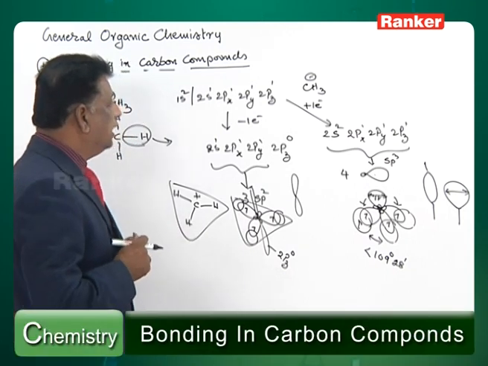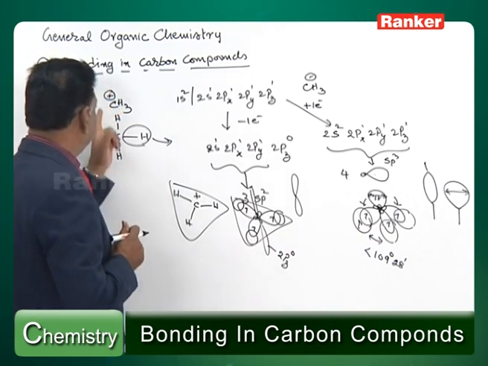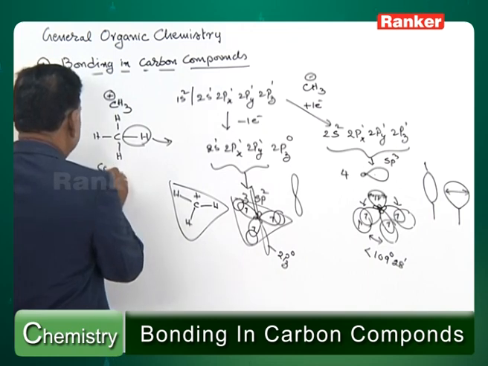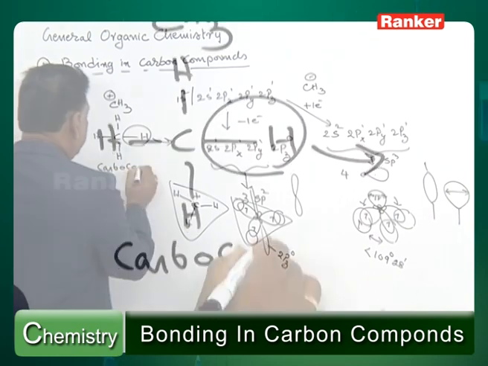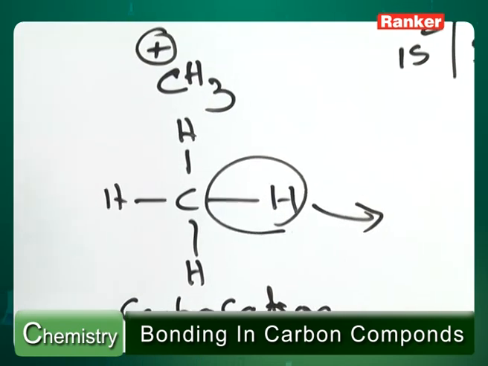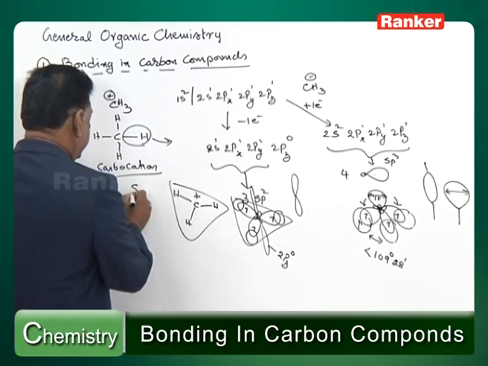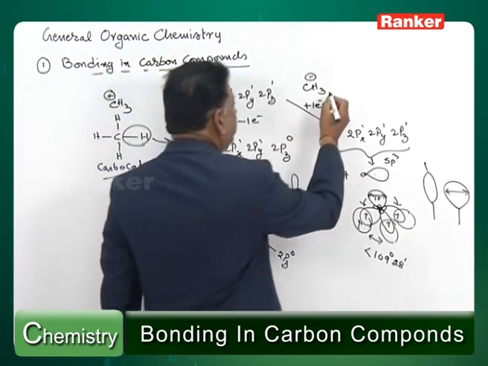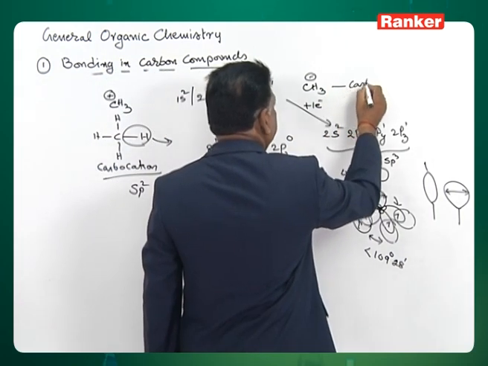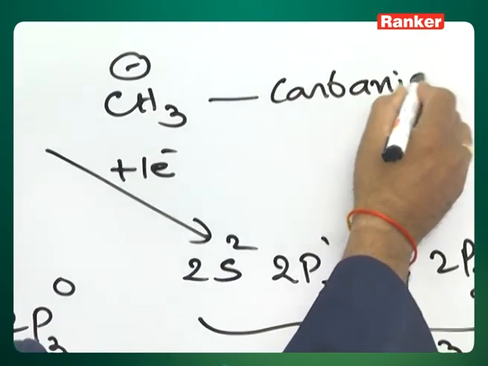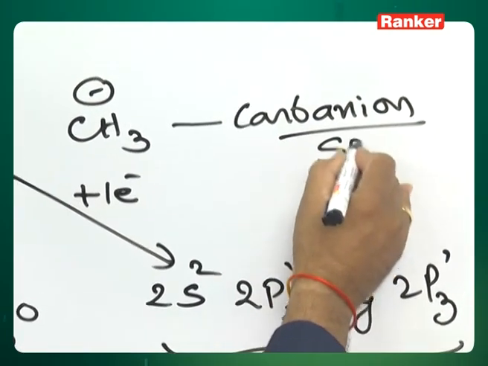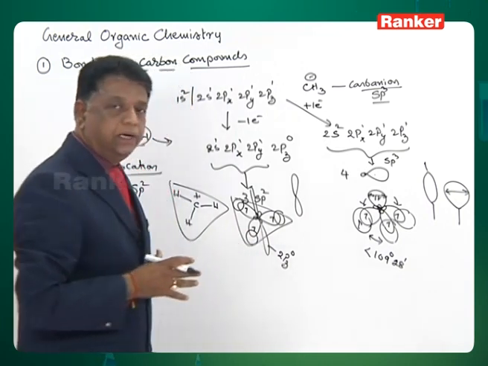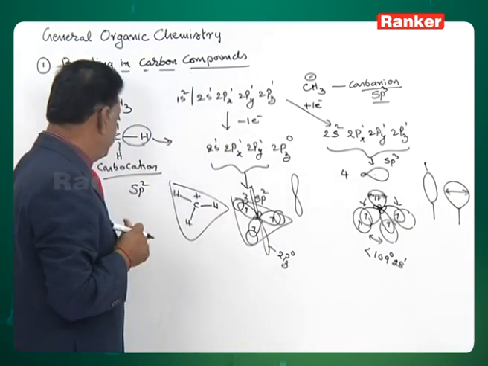This is the carbanion. The first one is the methyl carbocation. Carbocations have sp2 hybridization with trigonal planarity, whereas the methyl carbanion has sp3 hybridization with a distorted tetrahedral shape.